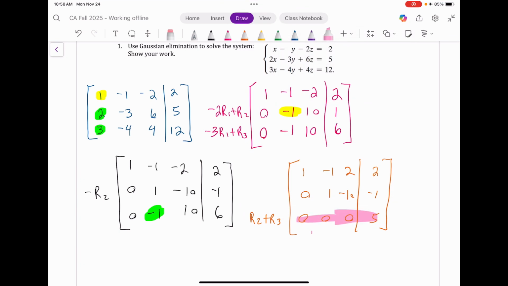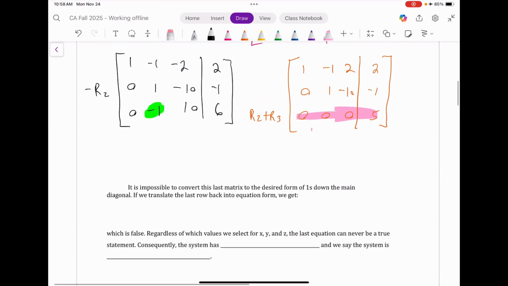So if we translate this last row back into equation form, this would be 0x plus 0y plus 0z equals 5, which is a false equation because there's no way we could plug in any values for x, y, z to get 5 on the other side. So this means the system has no solution.